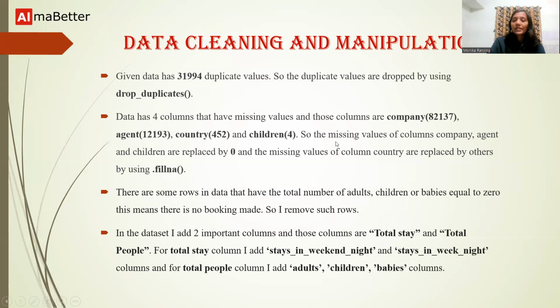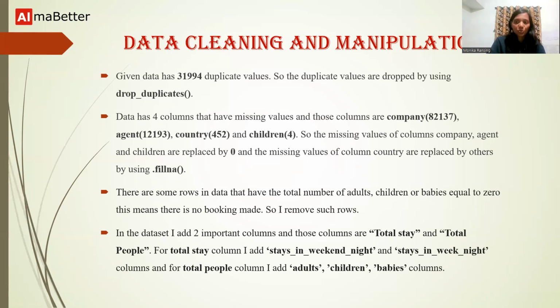The missing values of columns company, agent and children are replaced by 0, and missing values of column country are replaced by others. This replacement is done by using the fill function. Now there are some rows in the data where columns adults, children and babies all have value 0, meaning no booking was made.